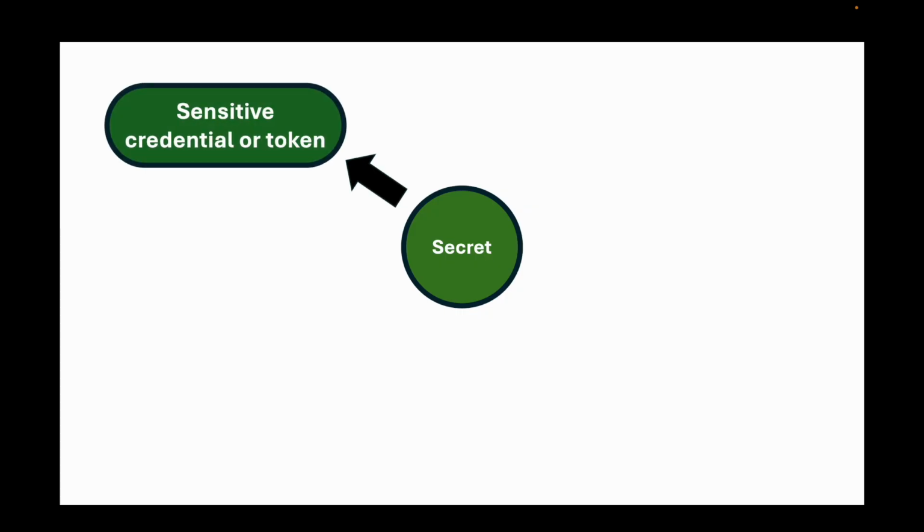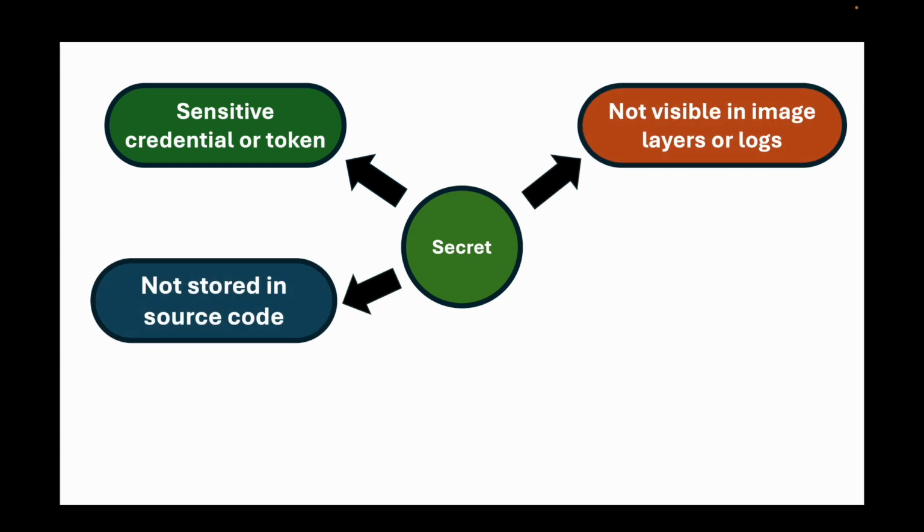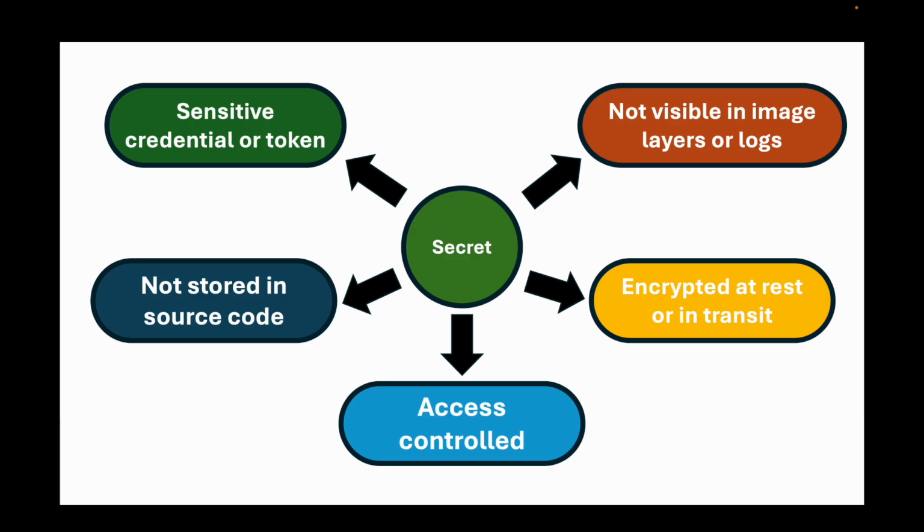So, what is a secret? A secret is any sensitive credential or token that should not be stored in source code, not be visible in image layers or logs, be encrypted at rest or in transit, and be access controlled, which is basically giving least privilege.